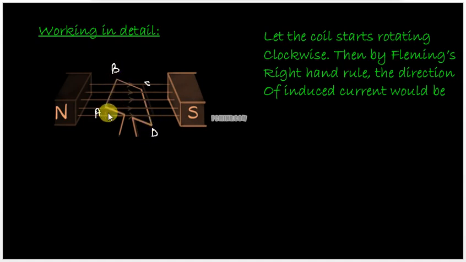In this coil, AB is rotating upwards, or we can say clockwise, and the magnetic field is directed from left to right.